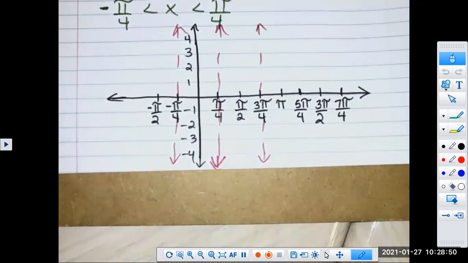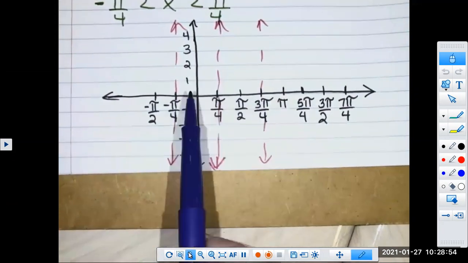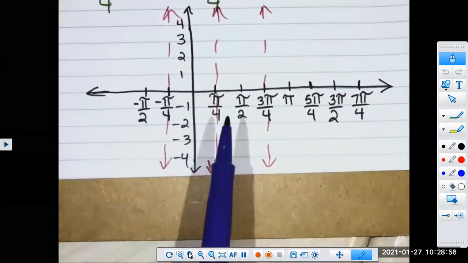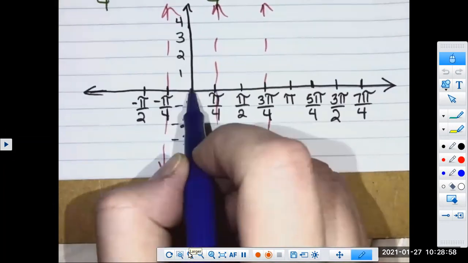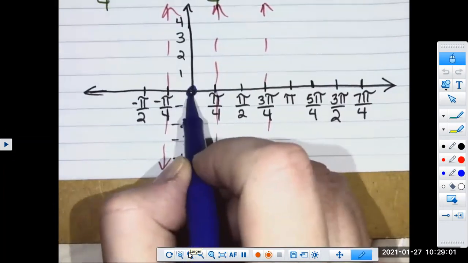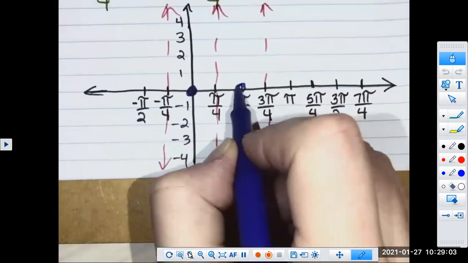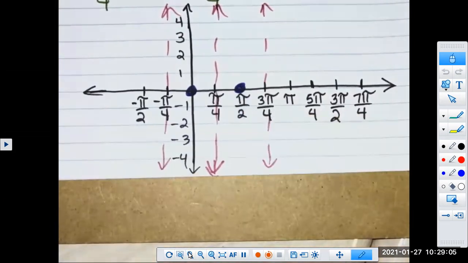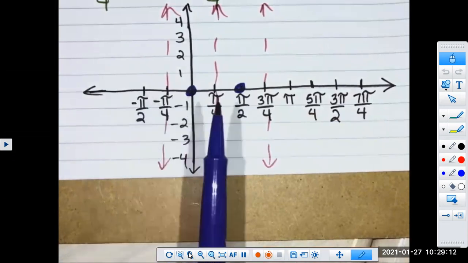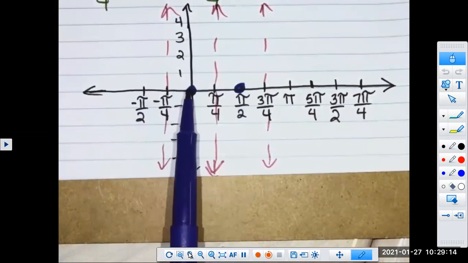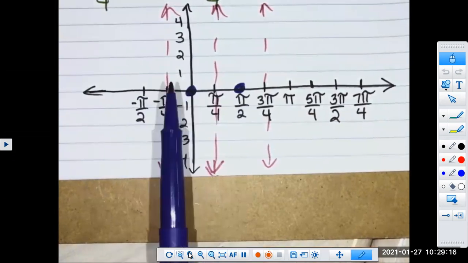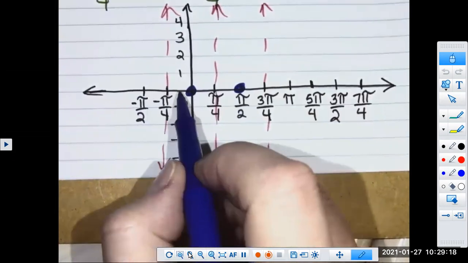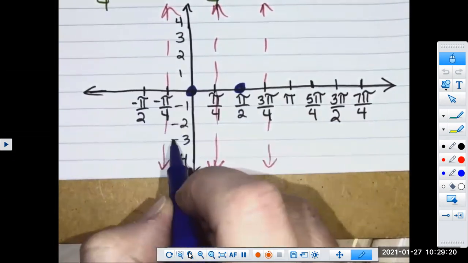So let's graph one period. Let's look between here. You've got a point that is halfway between your asymptotes on the x-axis. And this was a positive tangent graph. So I have a point that is in the middle of this x-intercept and this first asymptote, and it's going to be down at my amplitude of -3.